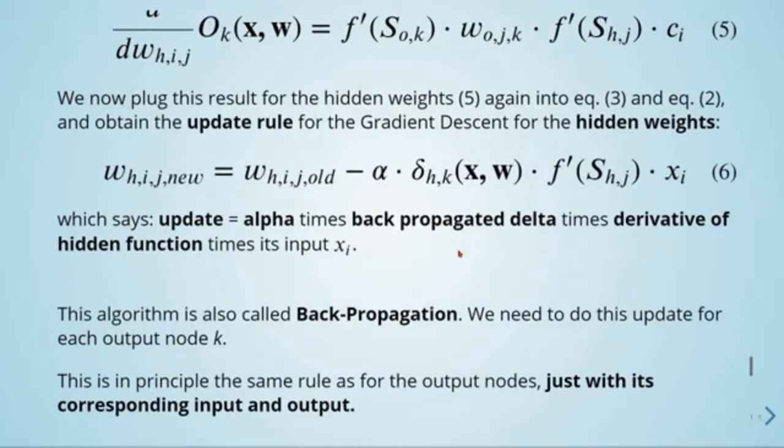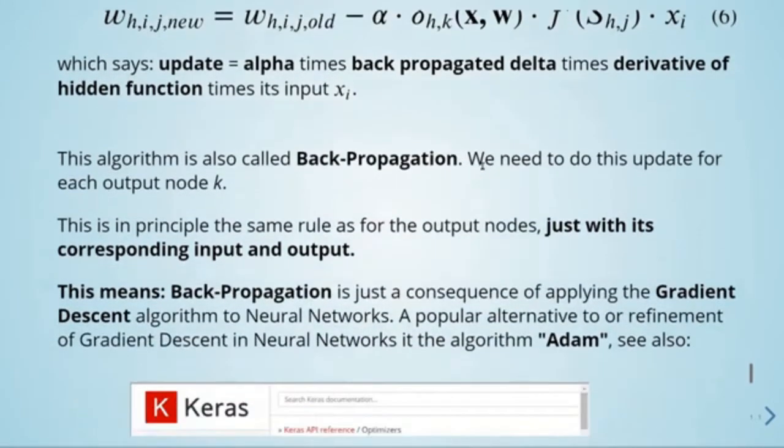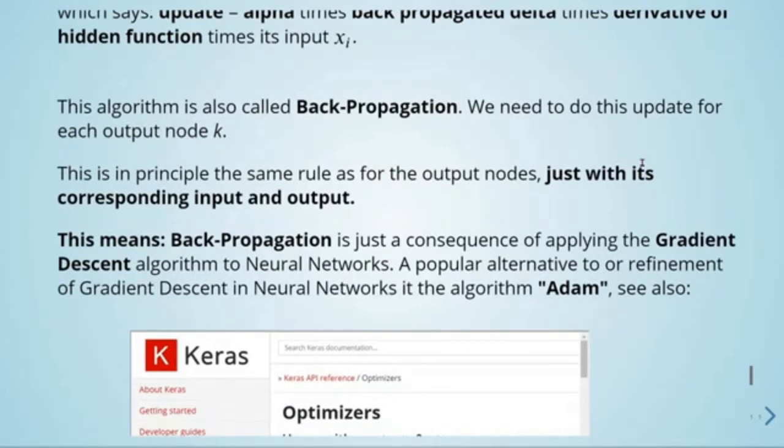So this algorithm is also called the backpropagation, and we need to do this update for each output node k. This is in principle the same rule as for the output nodes, just with its corresponding input and output. So this means that the backpropagation is just a consequence of applying the gradient descent algorithm to neural networks.